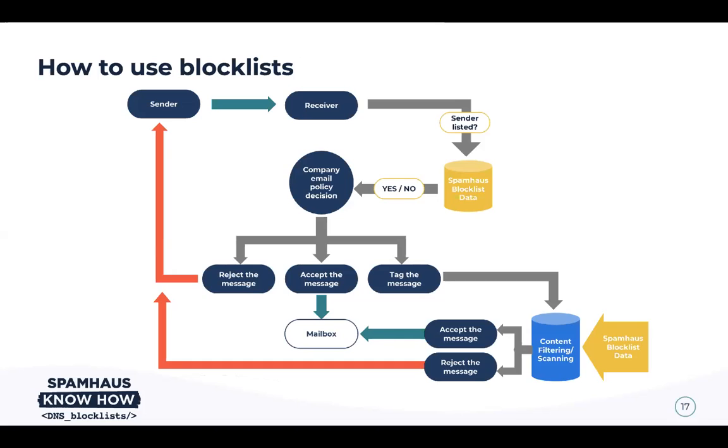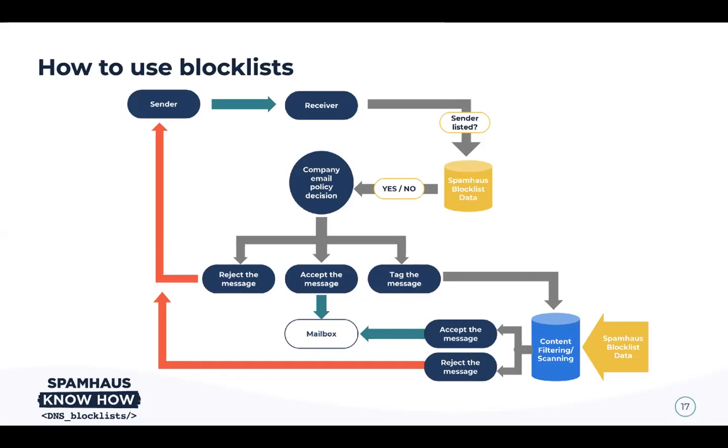In the most common scenario, you have three options. The first one is to accept the message if you see nothing wrong with it and deliver it to the mailbox of the user. The second one is to reject the message so that it never really enters the recipient mailbox and is sent back to the sender, or better said, refused entirely.